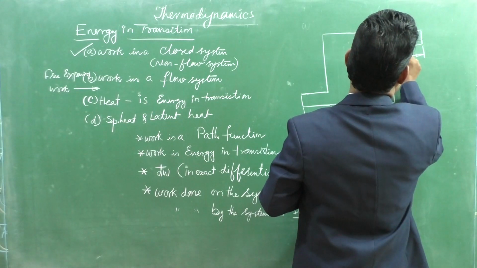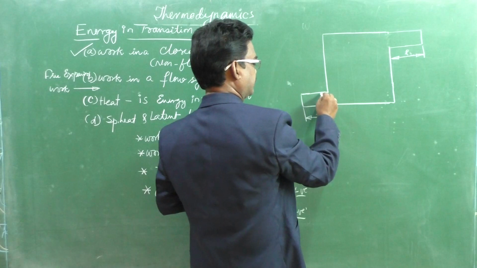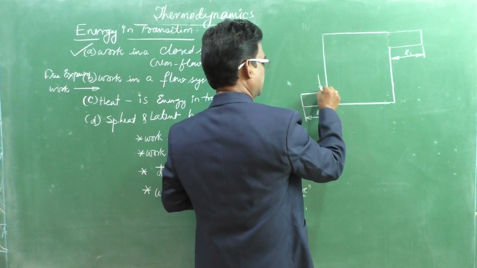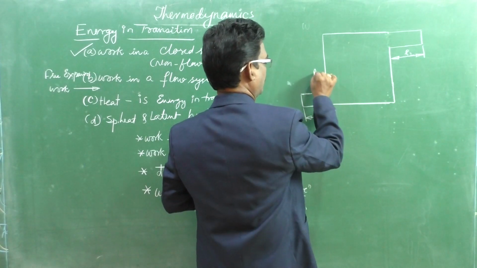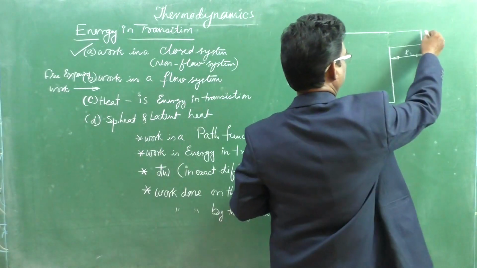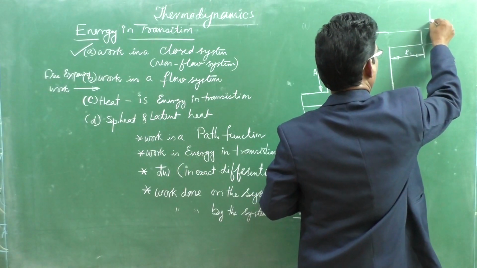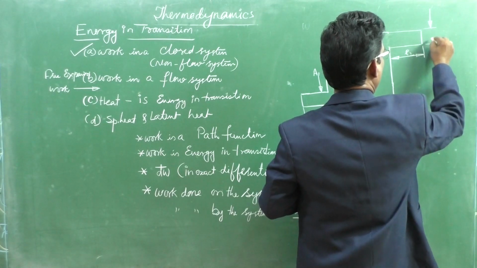The area of cross section here is A1, and here it is A2.